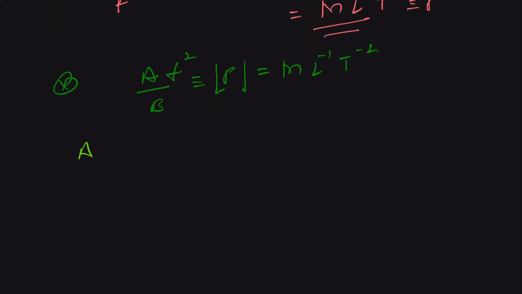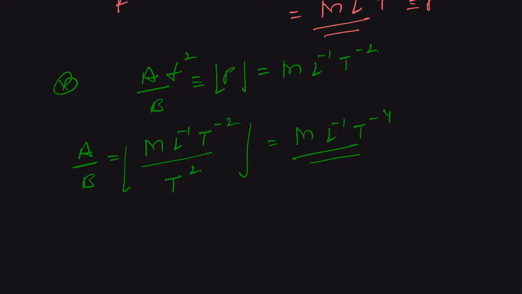Therefore we get A upon B will be equal to M, L minus 1, T minus 2 divided by T square. So we can write this as M, L minus 1 and T minus 4.